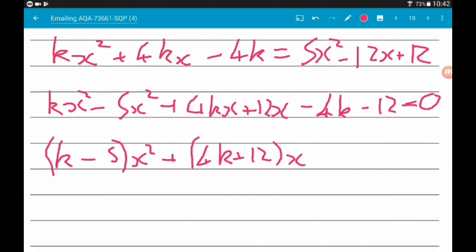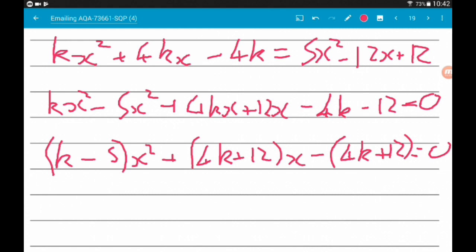So we've got minus 4k minus 12. To factorise that, I'm just going to put that as minus (4k plus 12). And again, that is all equal to 0.